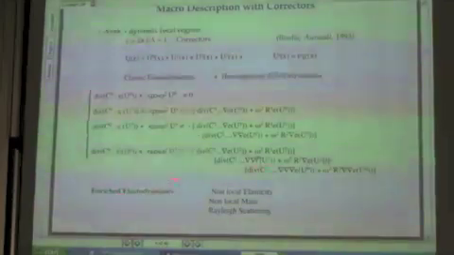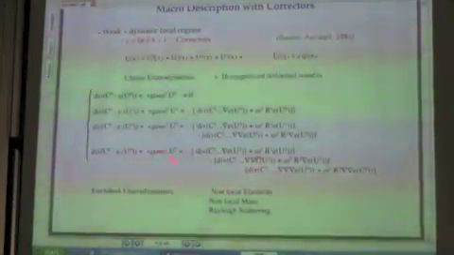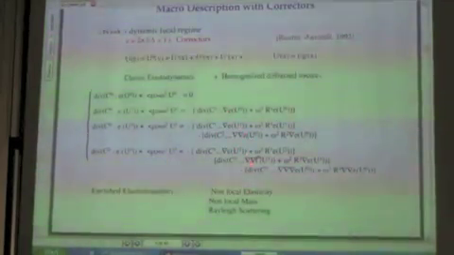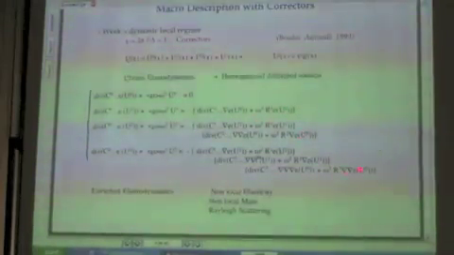And this enriched elastodynamics demonstrates that you have to consider in this case a non-local elasticity, because as you see you have higher gradients that appear here. You also have to consider non-local mass, because as you can see the inertial effects have to be corrected not only by the displacement but by the gradient of displacement and so on.